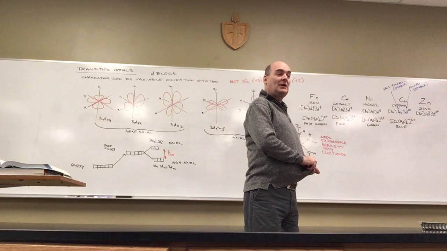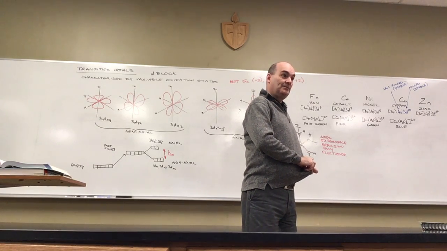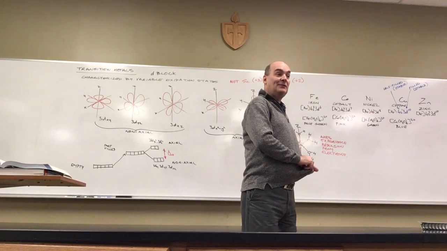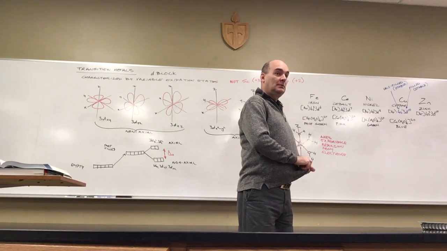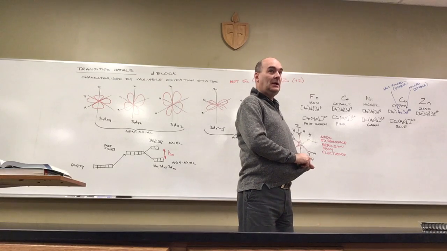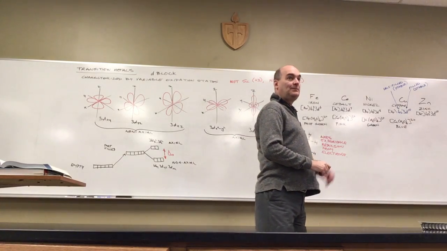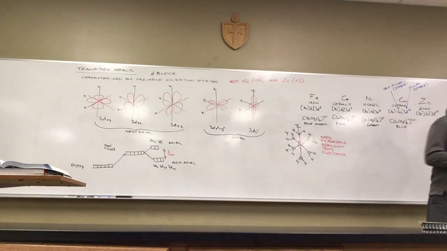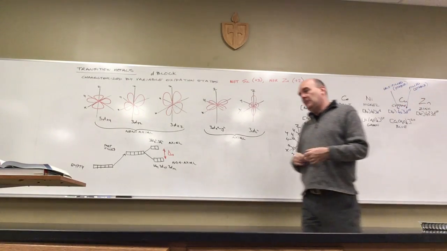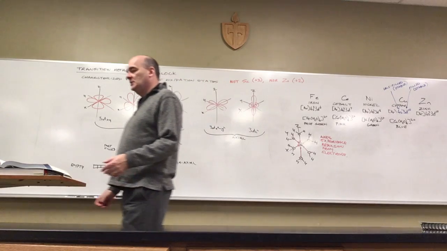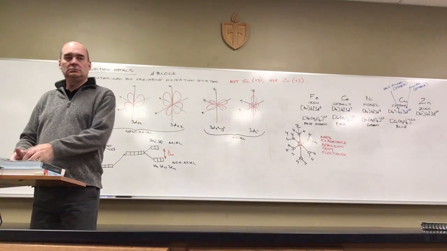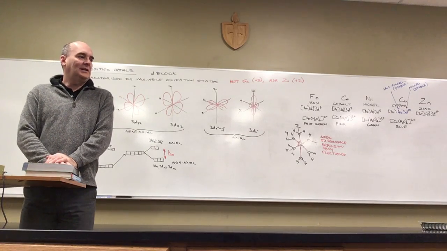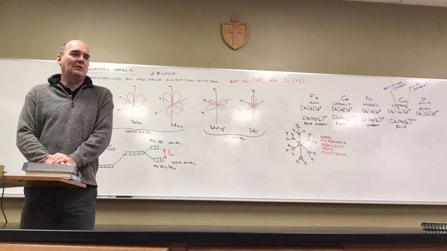That means draw them, sketch them from that kind of plan view that shows the connectivity. Use Wade's rules to figure out whether they are nido, arachno, or closo, and then use Lipscomb's notation to count how many different types of bond are inside that borane. So there's going to be a big boring question.